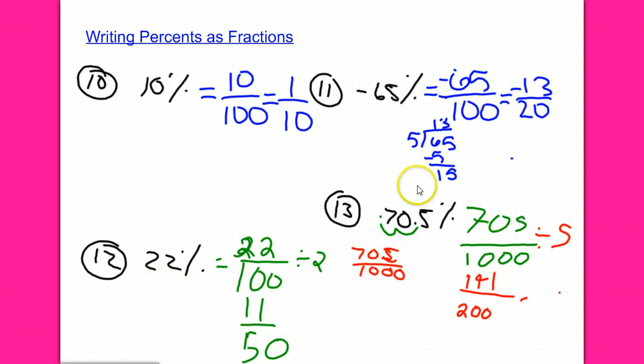So if you are at home watching this, there were two ways to think about it. Gabe changed this percent to a decimal, taking away the percent sign, and said, wow, that's 705 thousandths. So he put 705 over 1,000. Another way to look at it was taking and putting the original number over 100. But when we did that, we saw a decimal in this fraction.